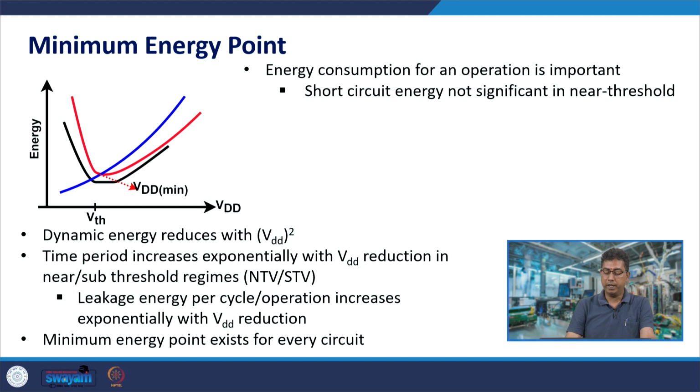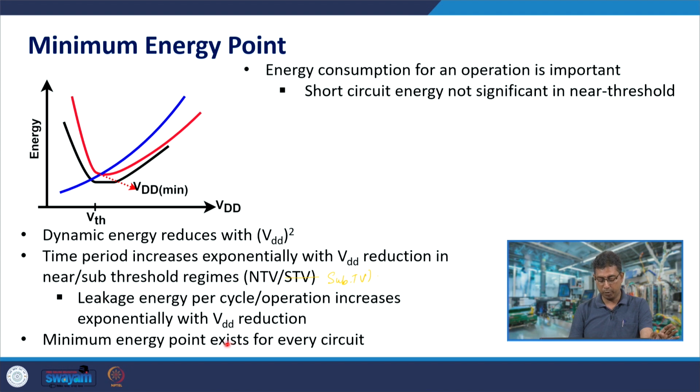So, in summary, short circuit energy we are not considering, and dynamic energy reduces as a square law with VDD, the time period increases exponentially with VDD reduction in near threshold or subthreshold regimes, and leakage energy per cycle or per operation therefore increases exponentially as the supply voltage is reduced.